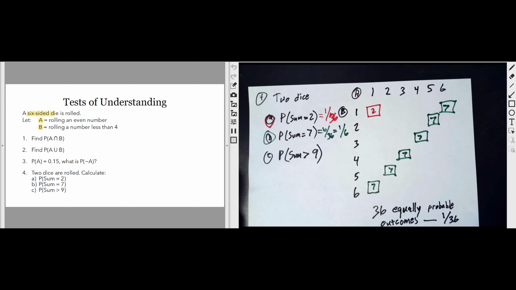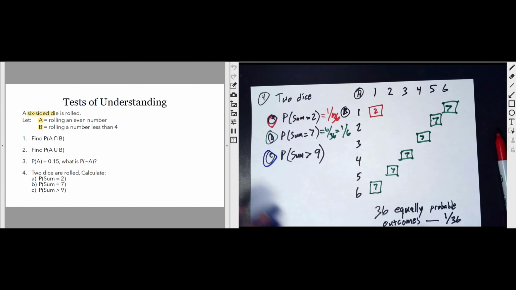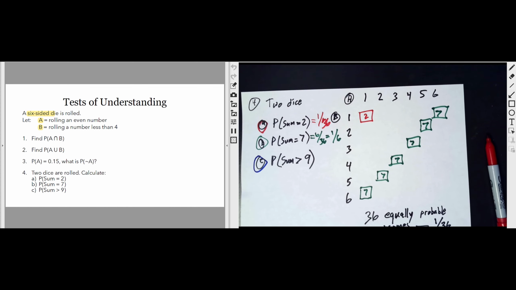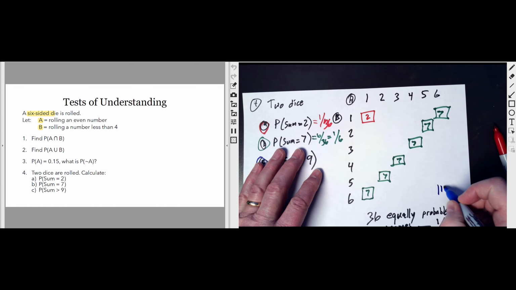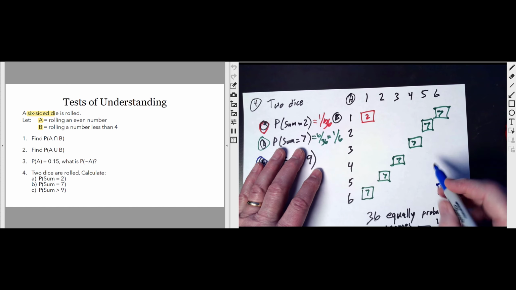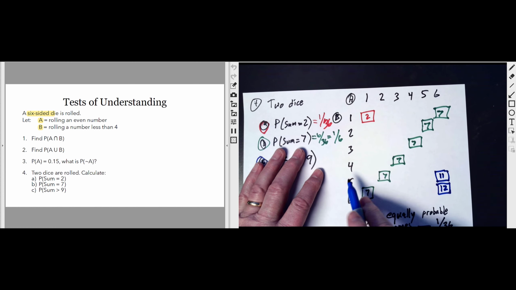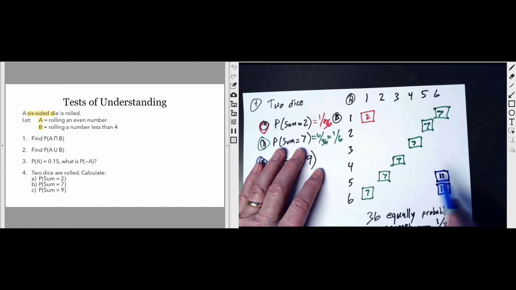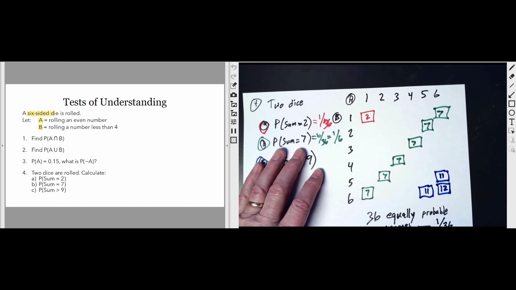Okay, and then for the final one here, part C, we're looking for the probability that we get a sum greater than 9. Well, here again, we can just work this out visually. 12 is greater than 9, 6 and 6. 11 is greater than 9, 5 and 6. And we can get that either by A being 6 and B being 5, or by A being 5 and B being 6.